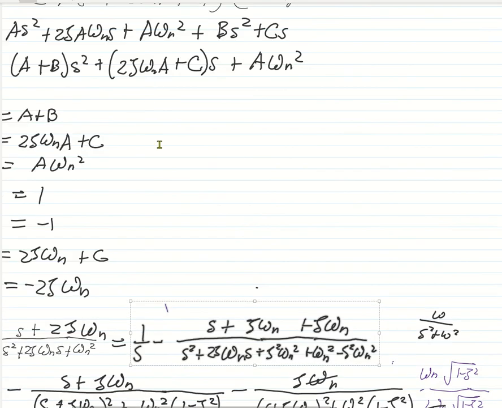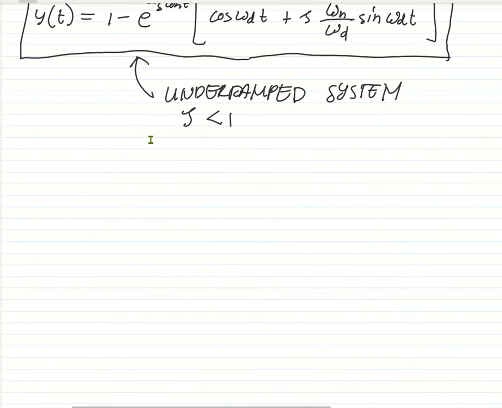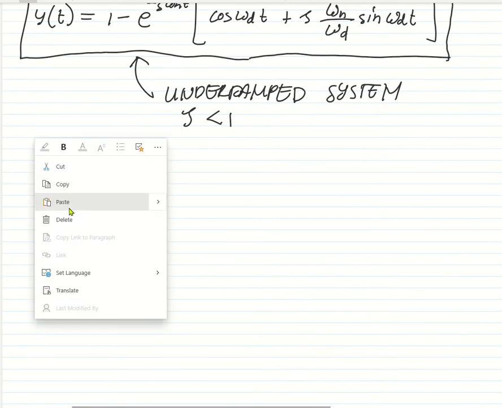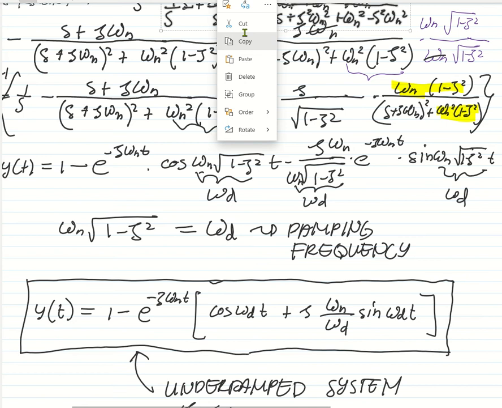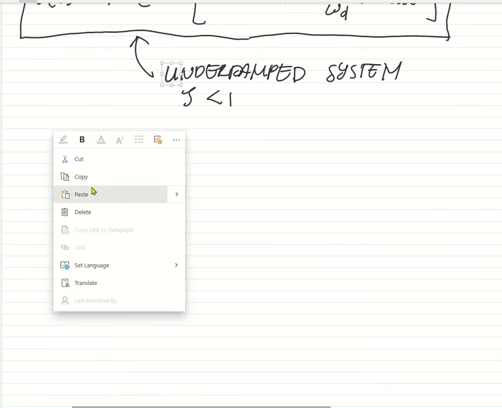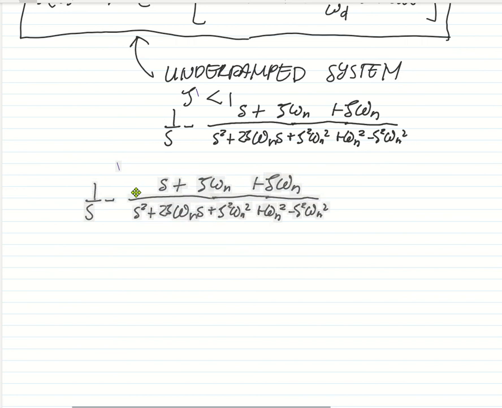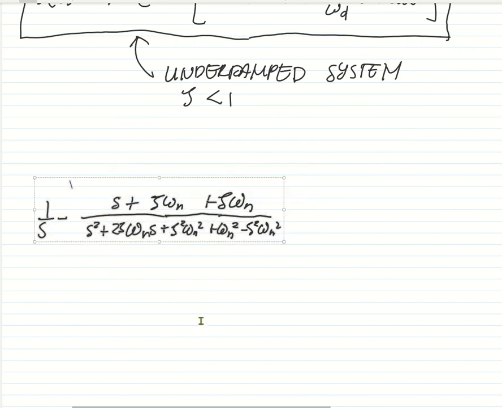It's still the same derivation from the beginning, but the only difference now is we can change this into a zeta squared minus 1 rather than a 1 minus zeta squared.